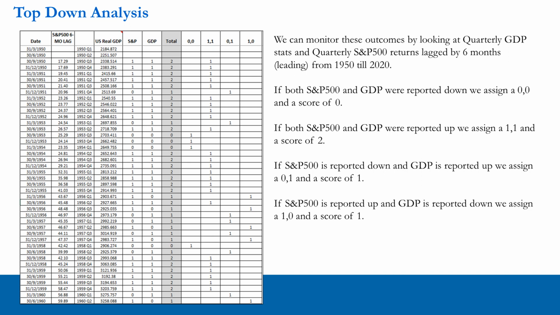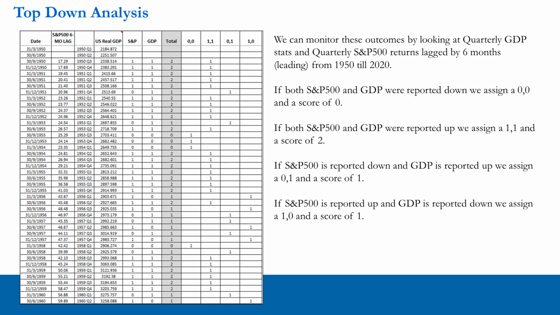Why do we do this? Well, if we look at quarterly GDP, okay, and we compare it to 6-month lag data from the S&P 500, what we're looking at here is whether the S&P predicts GDP by 6 months.